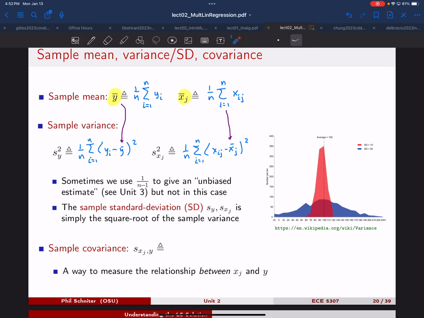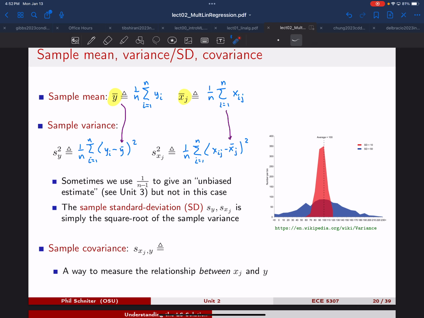Okay, another thing about the sample variance quantities is that they're squared quantities, and so that makes them a little bit less useful for interpretation. If you have, let's say, weight in pounds, then this would be squared pounds, and maybe you just want to work with pounds.